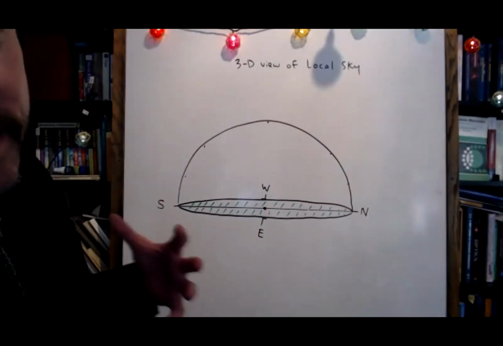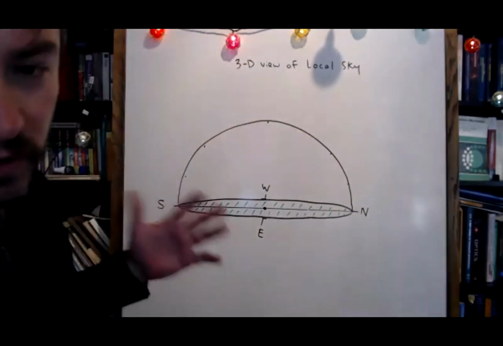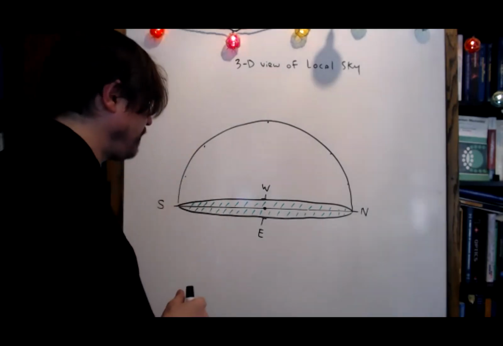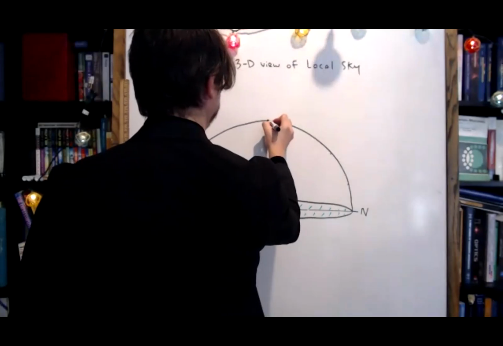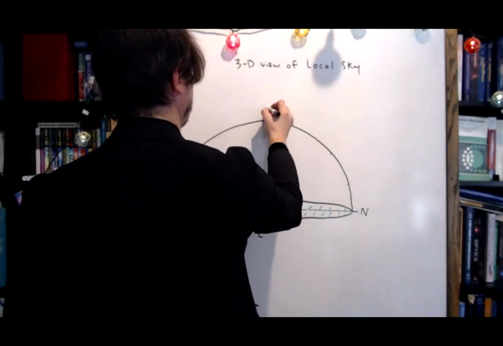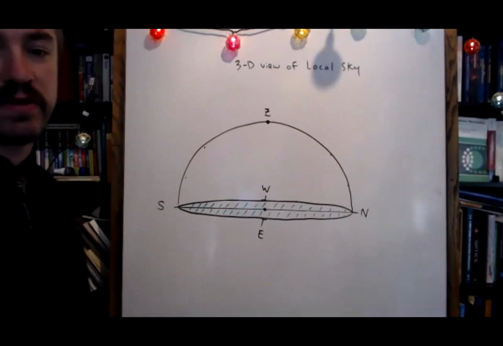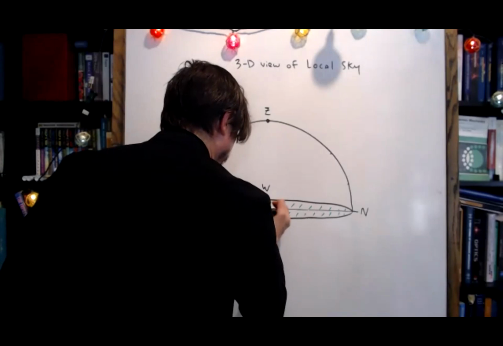Okay, we're now going to identify what are called the 5 fundamental positions of your local sky. First thing I'd like you to do is make a dot right up here at the top of this dome and put a little Z above it. By the way, if you want, you can put an observer in the center of the field.